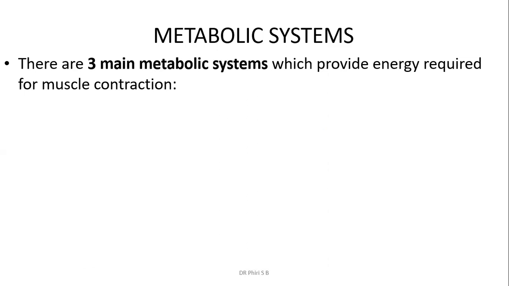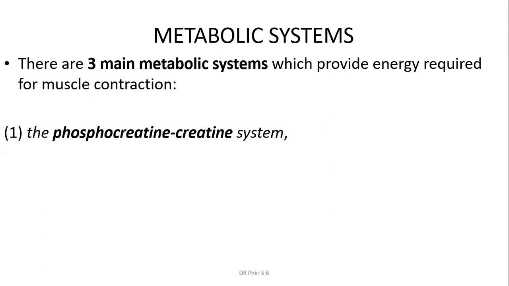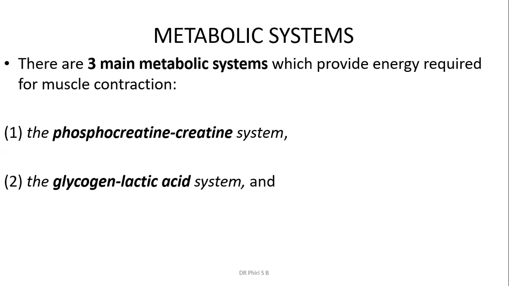So the metabolic systems that will provide energy for muscle activities, there are 3 main metabolic systems, and these are called the phosphocreatine system, that will be the first one, followed by the glycogen-lactic acid system. Then the last one, which requires oxygen, is called the aerobic system. So these are the 3 metabolic systems that will provide energy for muscle activities.